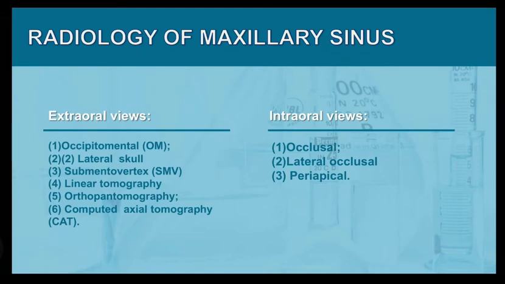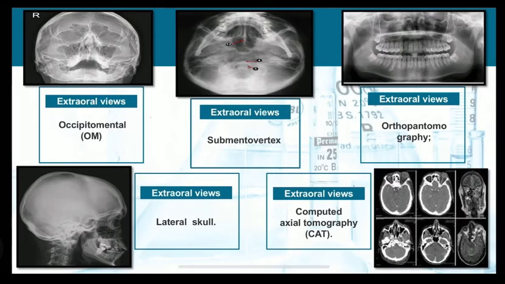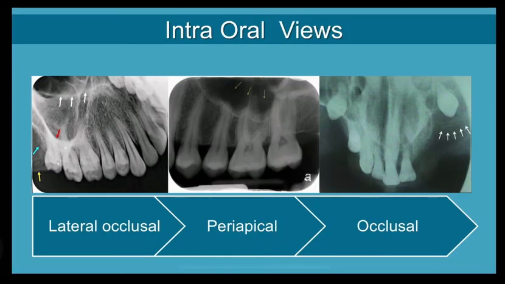Useful radiographs are as follows: the extraoral views and intraoral views. First the extraoral views, which are occipitomental, submental vertex, orthopantomography, and lateral skull, and here computed axial tomography. The intraoral views: first we have the lateral occlusal, periapical view, and the occlusal view.